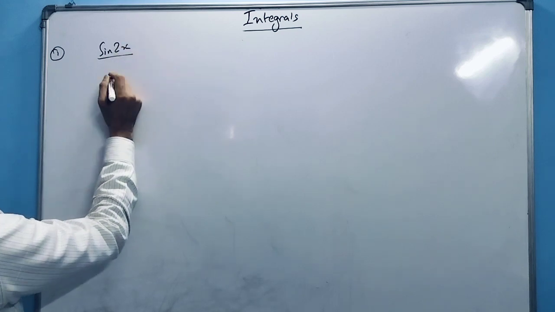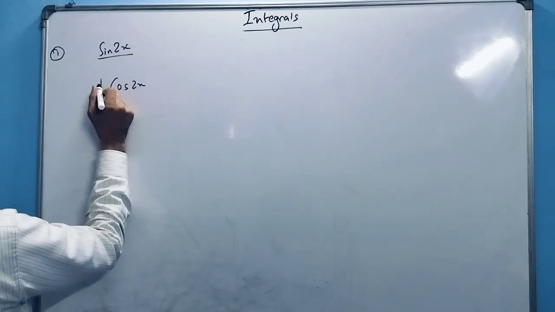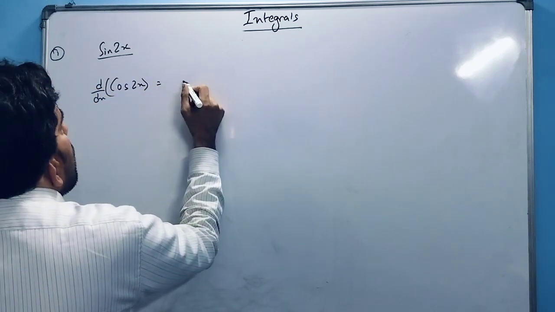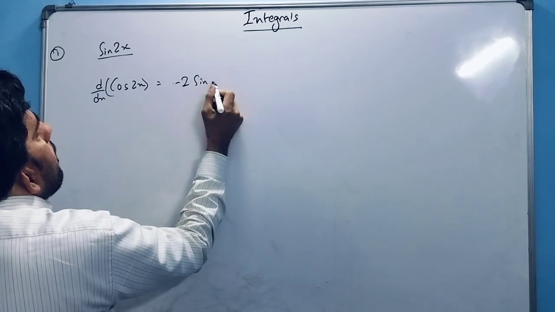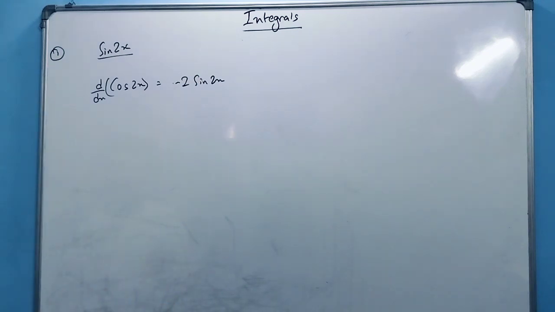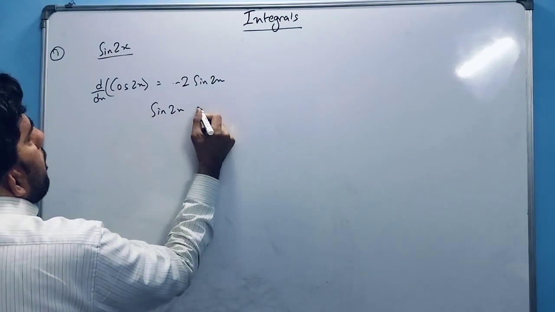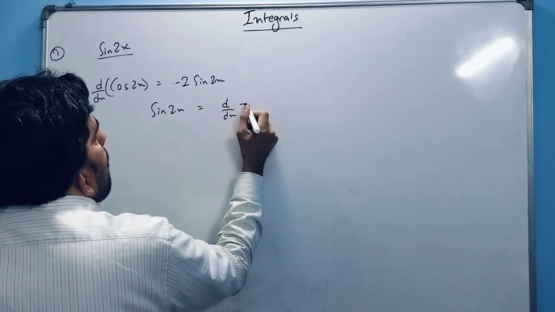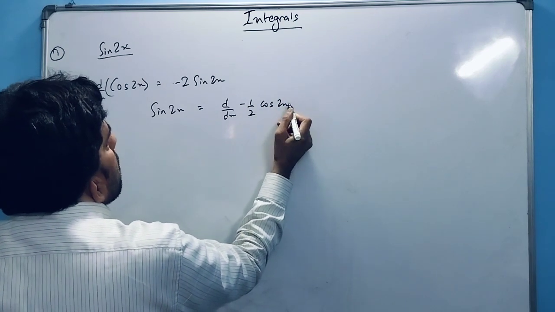First of all we'll see the differentiation of cos 2x, which will be minus 2 sin 2x. So sin 2x will be d by dx of minus half cos 2x.